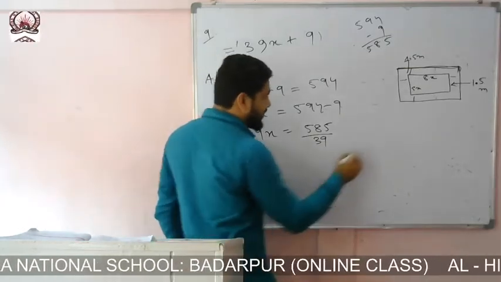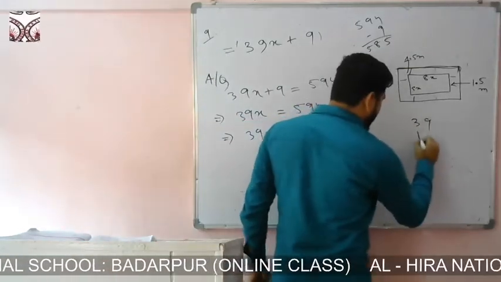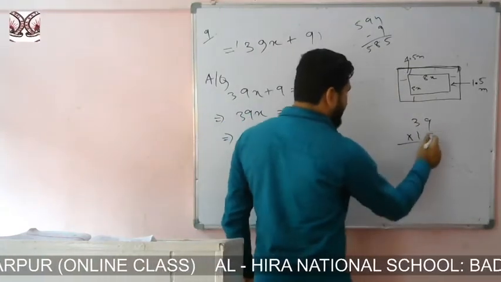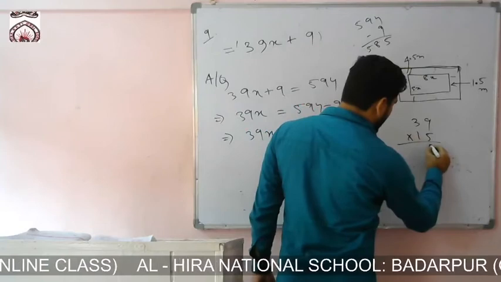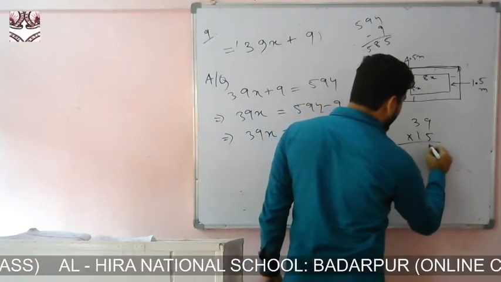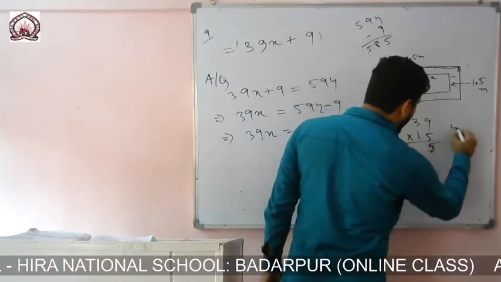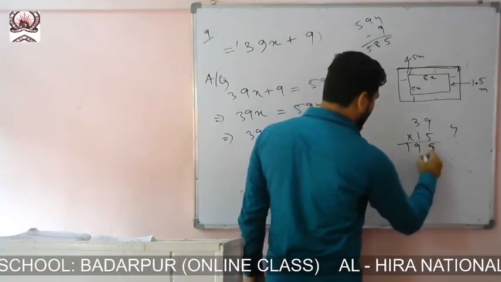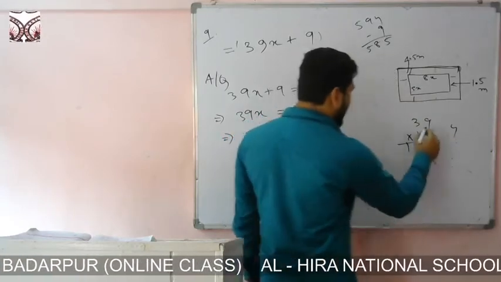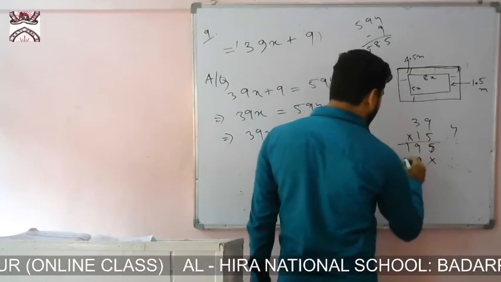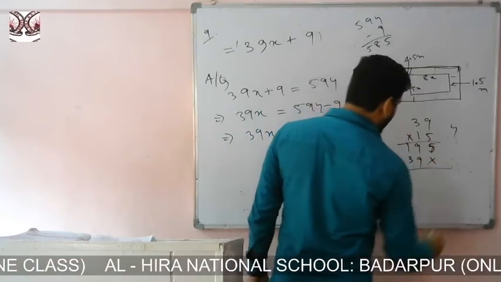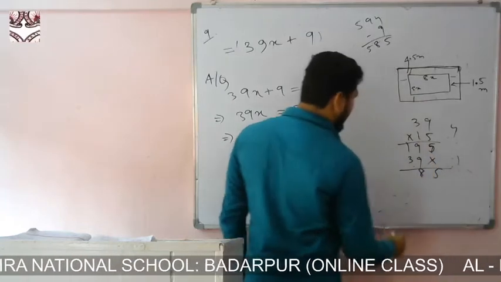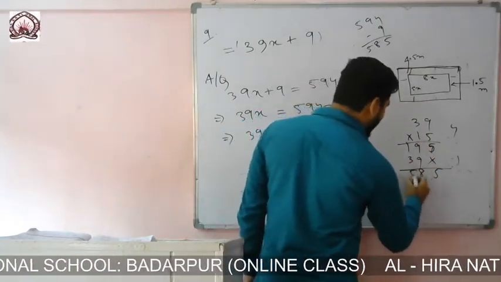You multiply this one with 39, and let's see what comes. 5 nines are 45, and remain 4. 5 threes are 15, 19. Then 9, here 3 ones are 3. 9 plus 9 is 18, 3 plus 1 is 4, and 1 is 5, so 585.